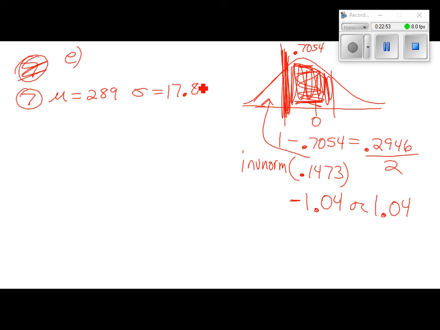What waiting time represents the 20th percentile? So the 20th percentile looks like that. What can I change that into as far as the area goes? 0.20.